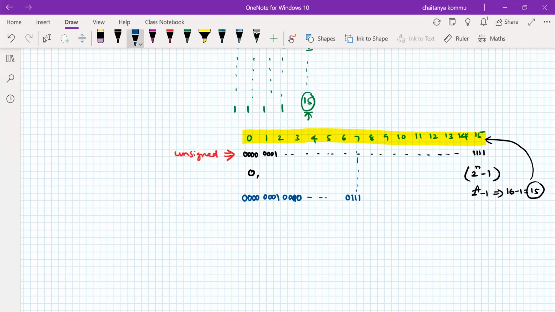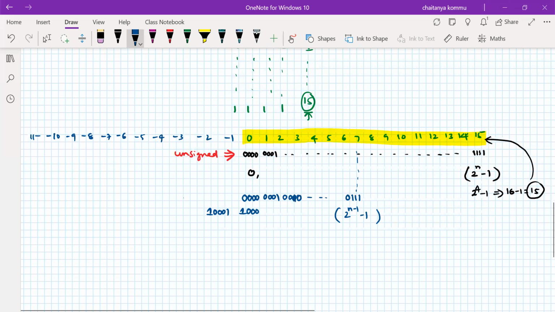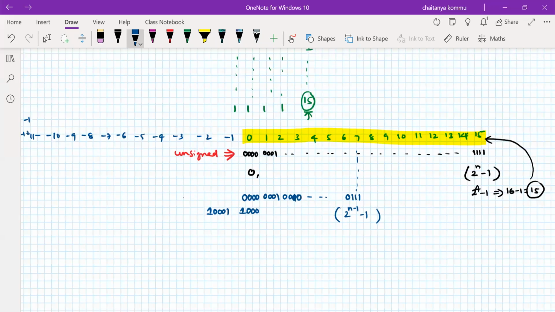Here 2 power n minus 1 is what we have done. If the MSB bit is equal to 1, it stands for a negative number: minus 1, minus 2, minus 3, minus 4, minus 5, minus 6, minus 7, and so on.